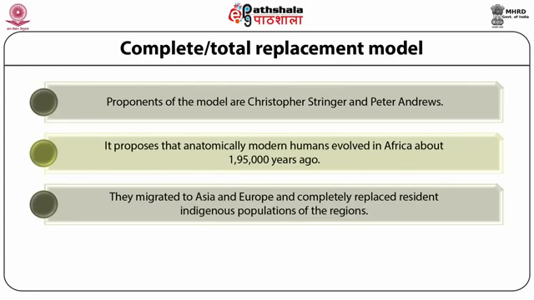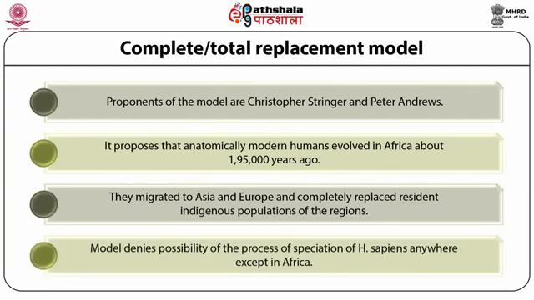That is, the transition from pre-modern to modern took place exclusively in Africa as a result of a speciation process. Thus, migrated Homo sapiens could not interbreed with non-African human populations in other continents, where different species such as Neanderthals, Homo sapiens neanderthalensis, and so on existed. This explanation fits well with the proposition of complete replacement.